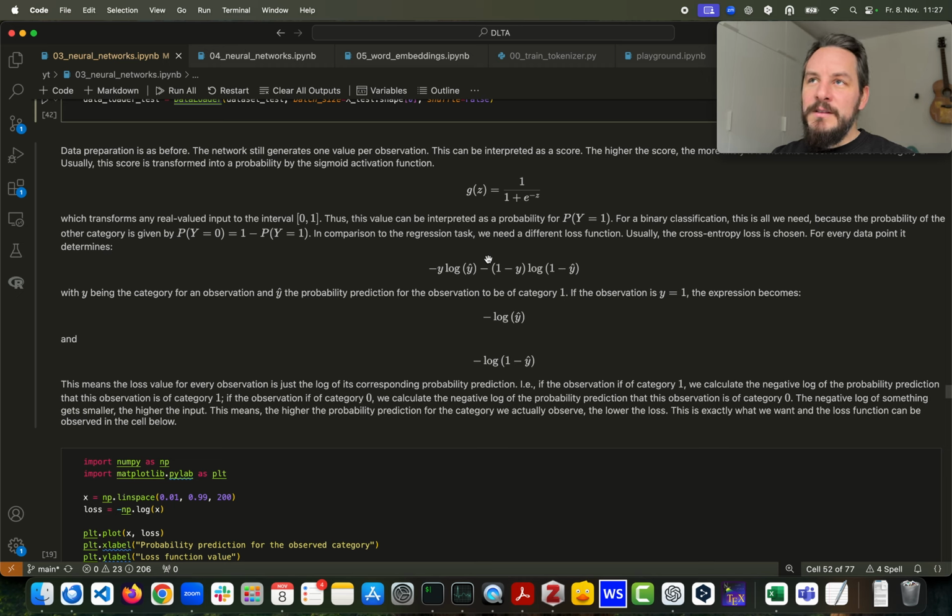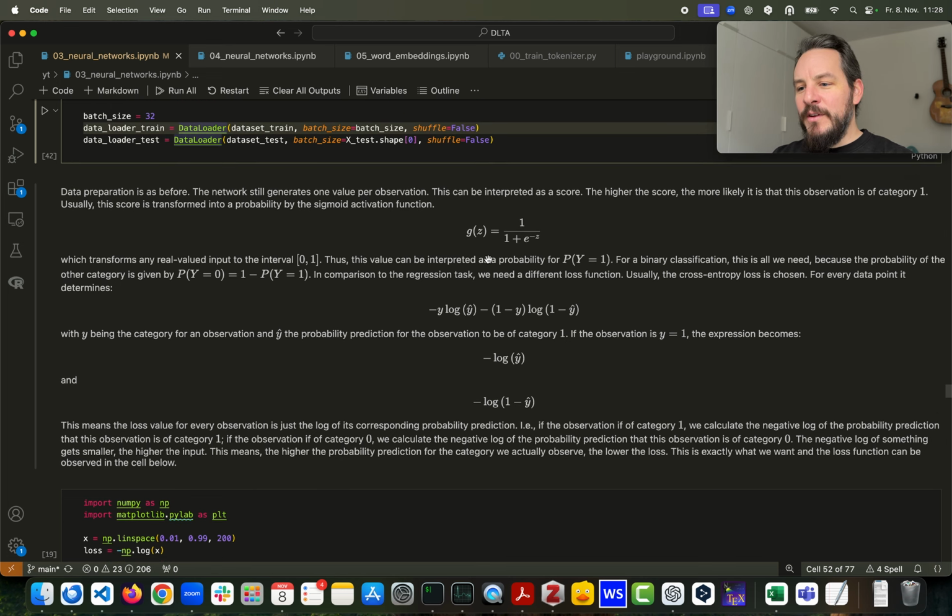And the score is going to be higher if it is more likely that this is category 1, and it becomes smaller and smaller and negative usually if it is more likely that this is category 0. And to directly transform the prediction of the neural network into a value range which makes more sense for a 0 and 1 encoded target variable, it is often converted like this.